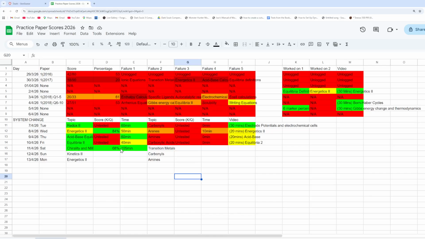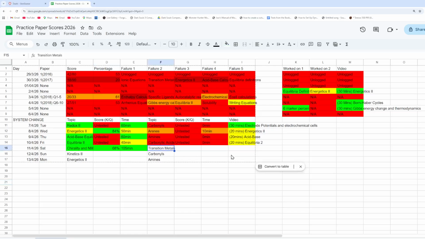So 68%, I'm not annoyed about that, because I'm not going to make it yellow. The color of the score is just a measure of whether it was done thoroughly, and then the percentage is an indicator of how well I did.